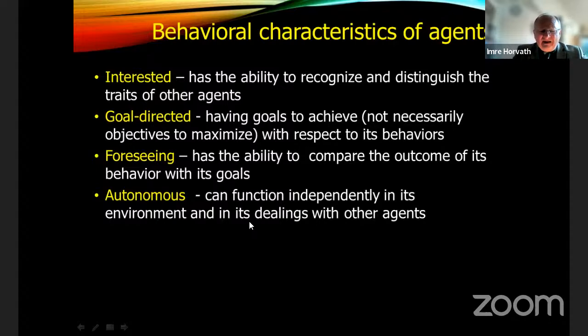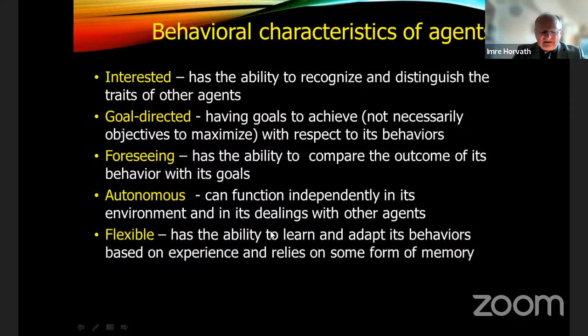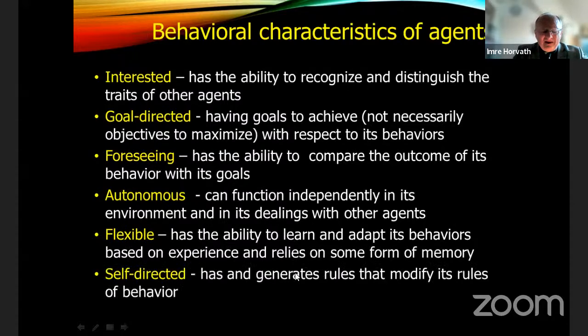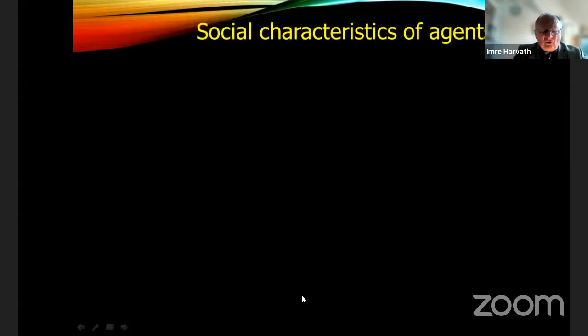Autonomous means that the agent can function independently in its environment and in its dealings with other agents. Flexible means the agent has the ability to learn and adapt its behavior based on experience and relies on some form of memory. And self-directed means that the agent has and generates rules that modify its rules of behavior.